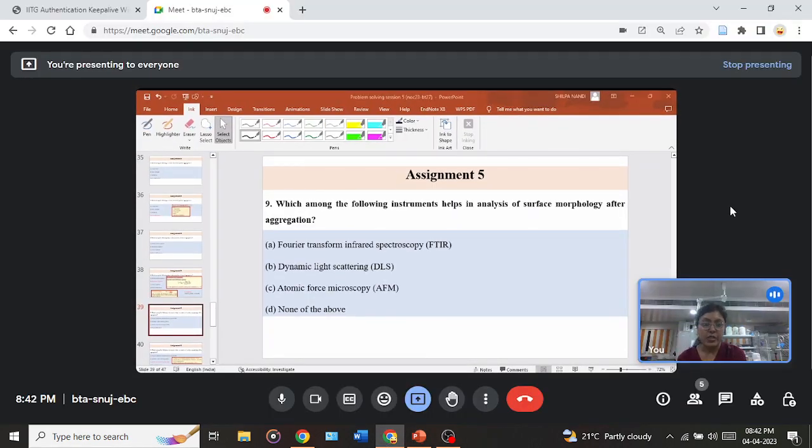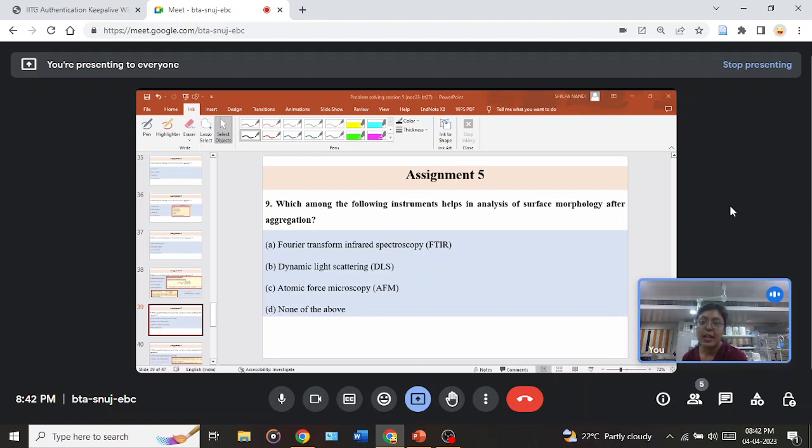So your ninth question is, which among the following instruments helps in analysis of surface morphology after aggregation? Here the first option is FTIR, that is Fourier transform infrared spectroscopy. Option B is dynamic light scattering, that is DLS.